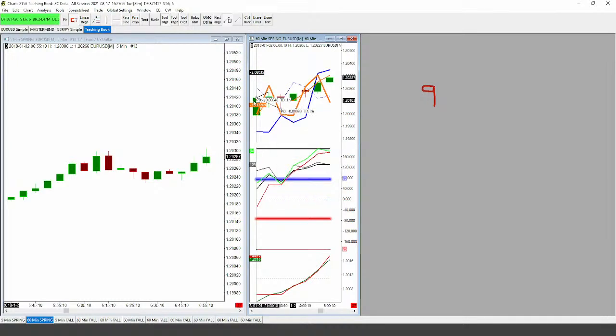The most it went against us was 4.8 pips before going about 9 pips in our favor, right? Okay, so our drawdown is 4.8. And how long did it take to draw down and come back to break even?